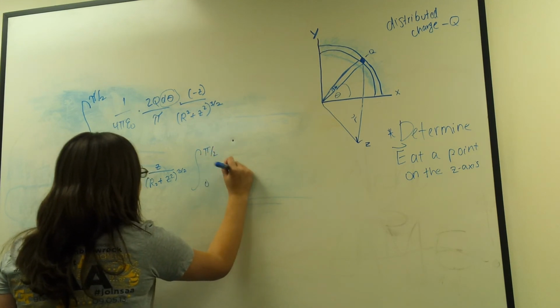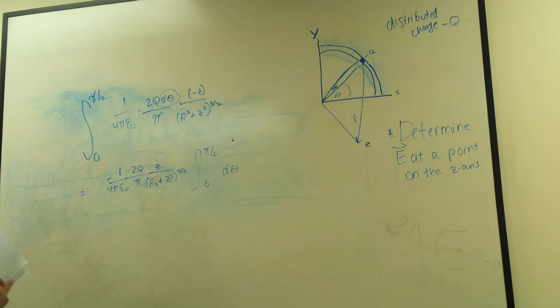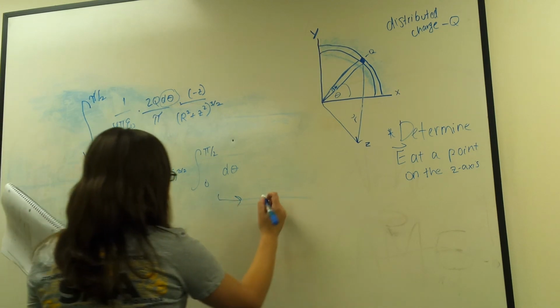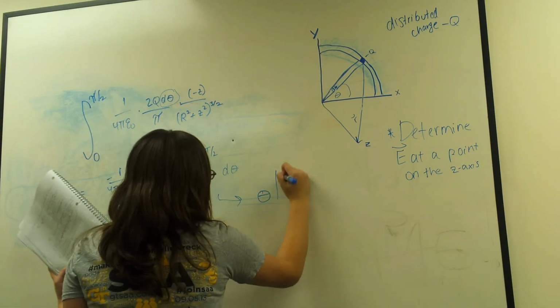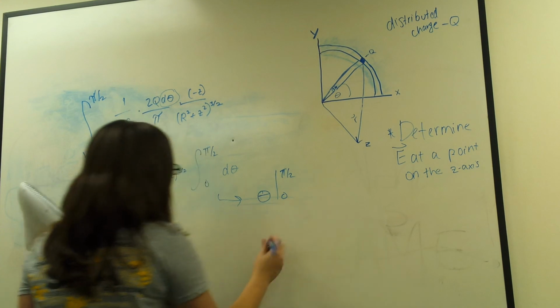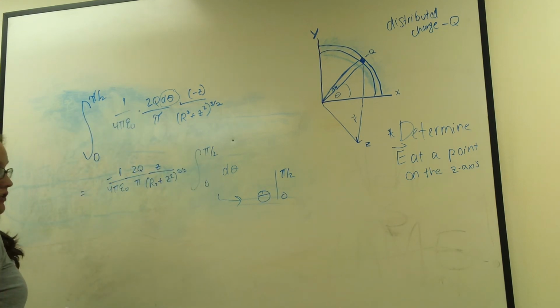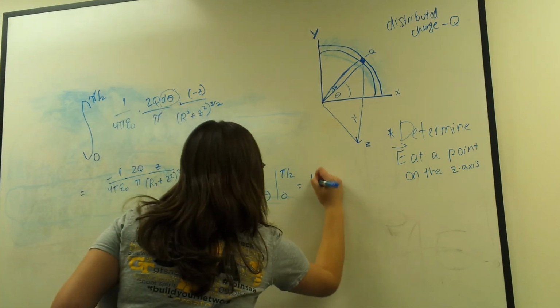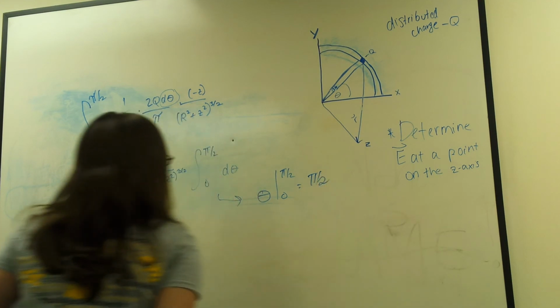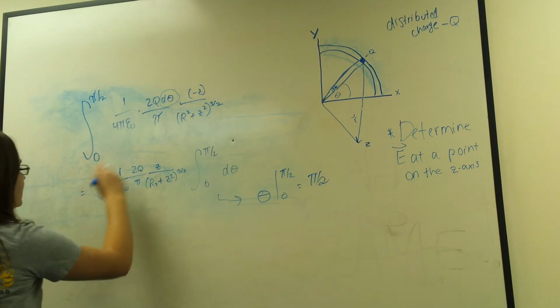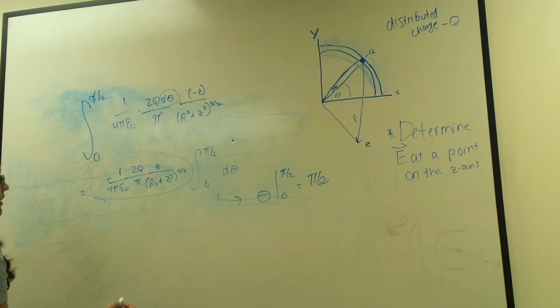We're left with d theta, and that's a pretty simple integral. D theta integrates to theta; plugging in pi over 2 to 0, you get pi over 2.